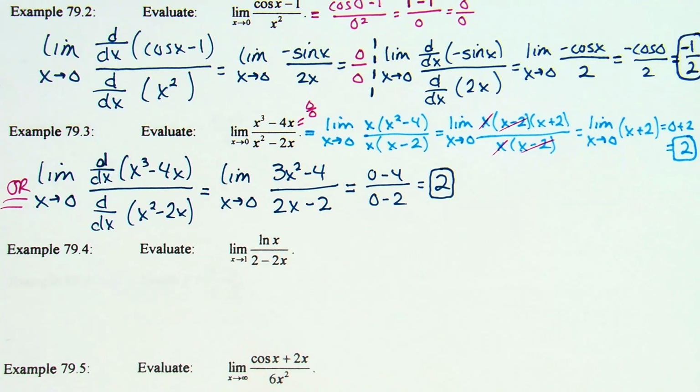Okay. Two more examples, I believe. I don't believe I have anything on the back, do I? No. So, limit as x approaches 1 of natural log of x over 2 minus 2x. Thoughts here?